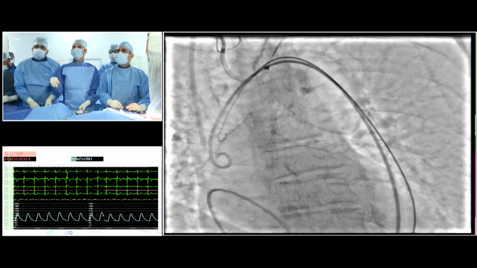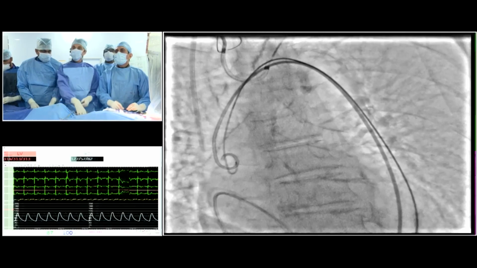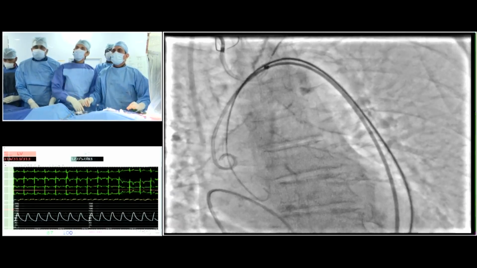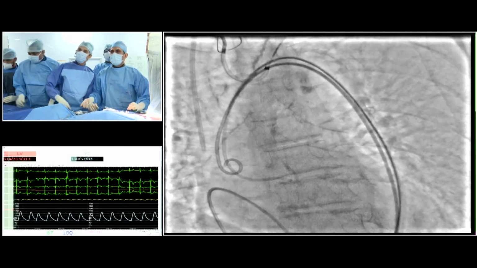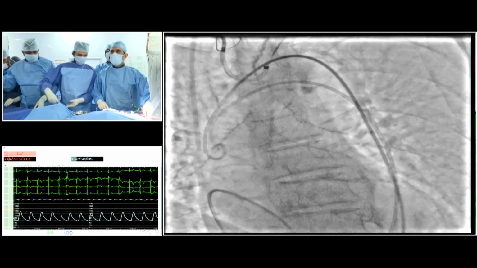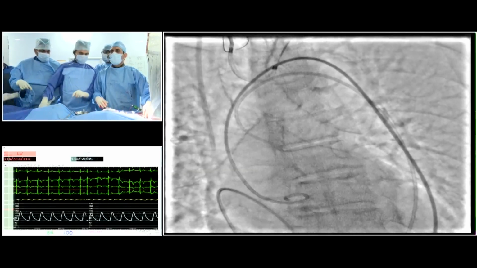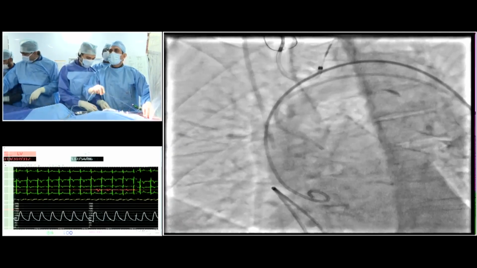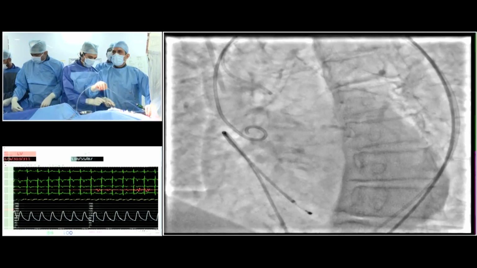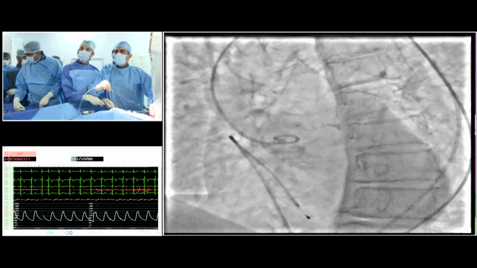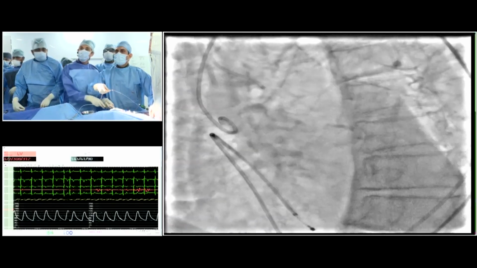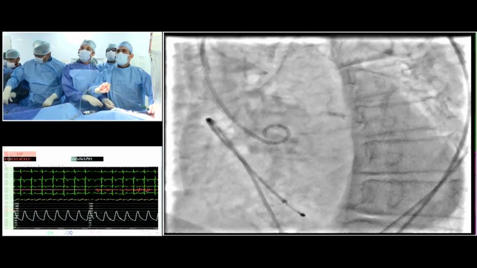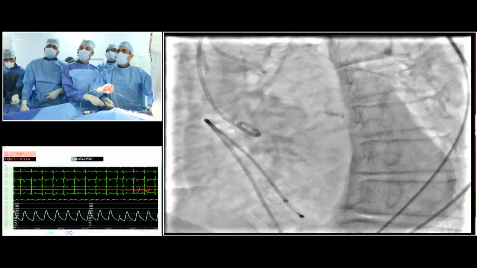One case had something like 148 millimeter square of calcium. We compensate by the diameter of the valve. That's the way to anchor in pure aortic regurgitation.